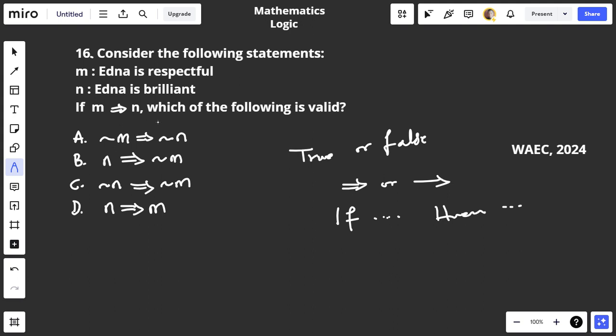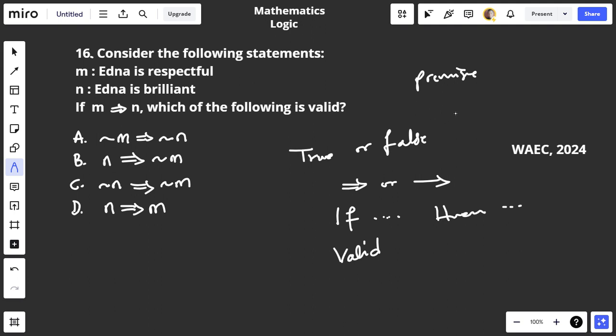So now the question is, which of the following is valid? When you talk about a statement being valid in logic or philosophy, it is when the statement agrees with the premise.